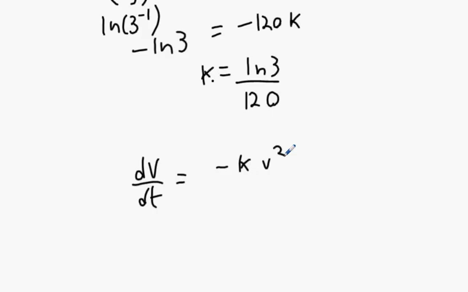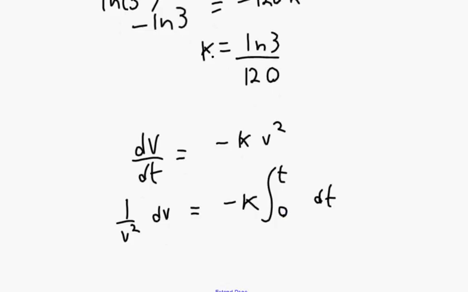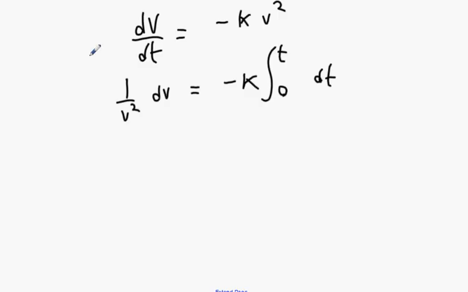Bring it over and we're going to get 1 over v squared dv equals minus k dt. T is 0. I'm going to leave k the way it is for a while, not going to change it until the very end. And v starts off at 30, ends at 10.